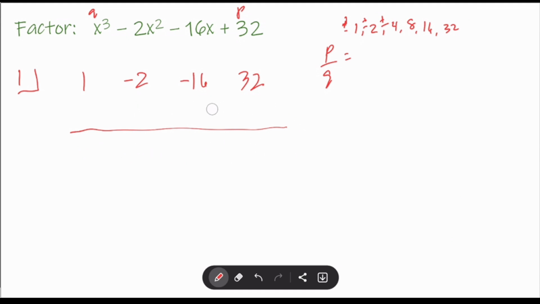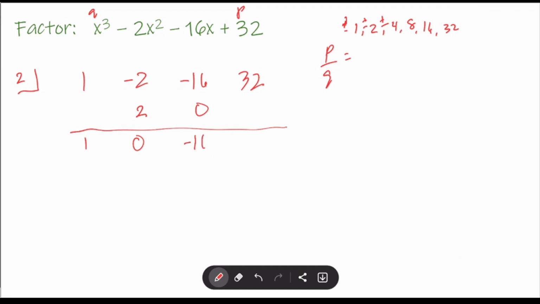So I'm showing how to do that, but actually the number that we are looking for is 2. Yeah, the smallest number is 2. So try 2. And then here 1. 1 times 2 is 2. Negative 2 and 2 is 0. And 0 times 2 is 0.